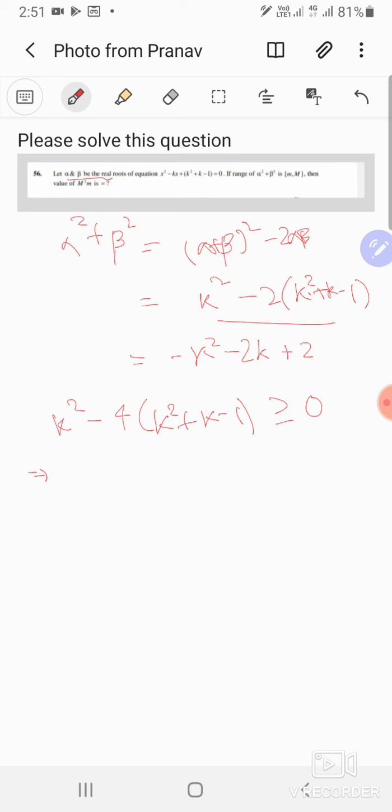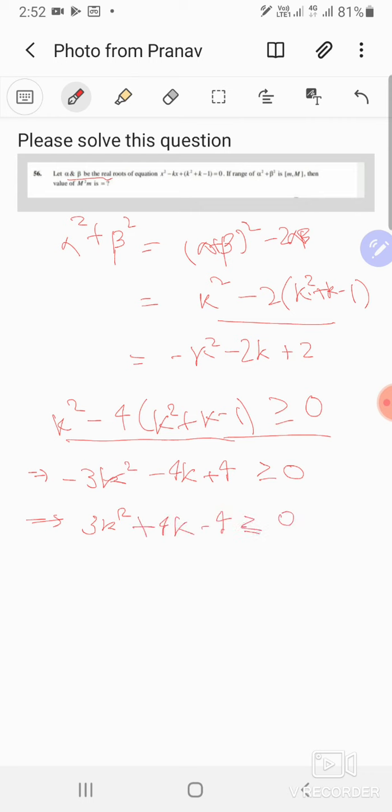That is an easy thing. You will have some kind of range of k from this inequality. So you get minus 3k squared minus 4k plus 4 greater than or equal to 0, so that gives me 3k squared plus 4k minus 4 less than or equal to 0.